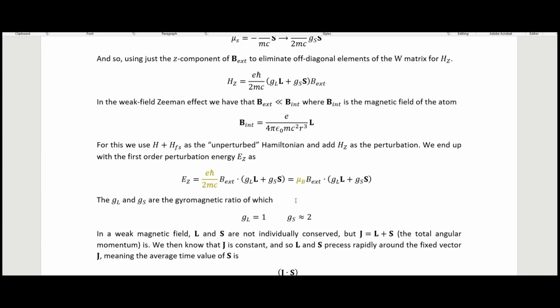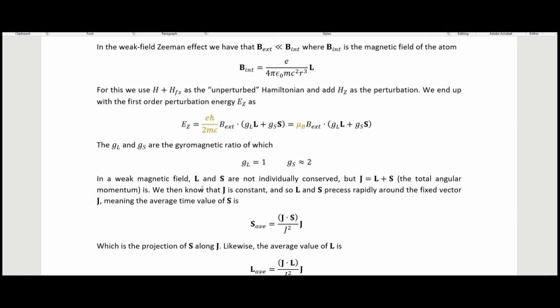If you're into popular science, you may have heard of this g factor, which has been measured to something like 12 decimal places. It's not exactly 2, but it is approximately 2. It's 2.00 something.